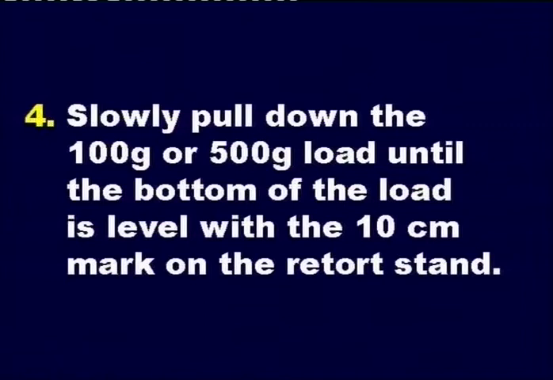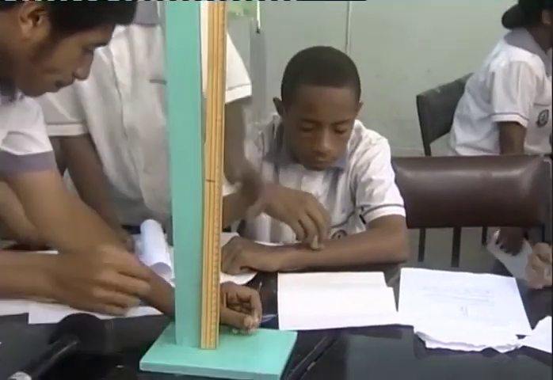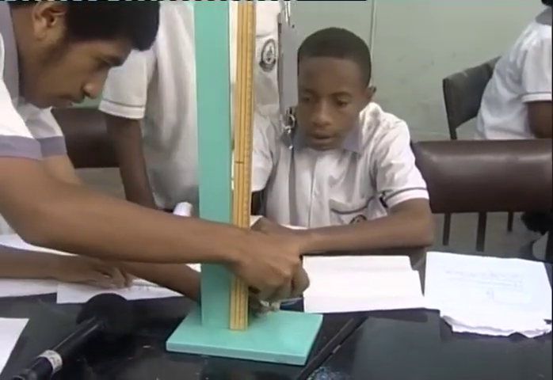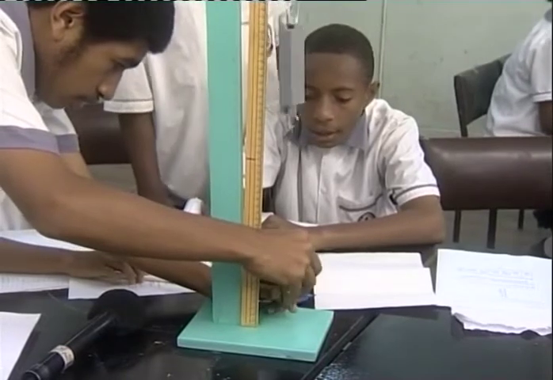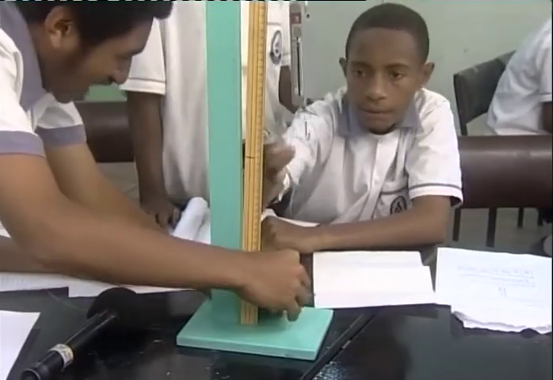Okay, so what are you going to do now? Well, you haven't gone to that part yet. What does the instruction say? Work done on load is, what did you get? Work done on load. What did you say your grams was? Oh, sorry, not that, sorry.